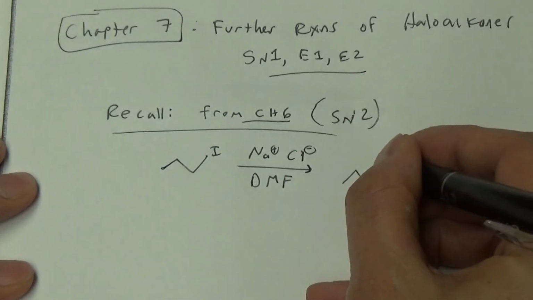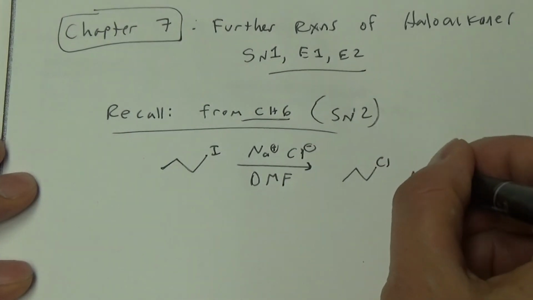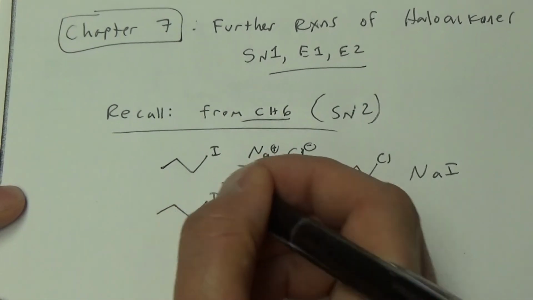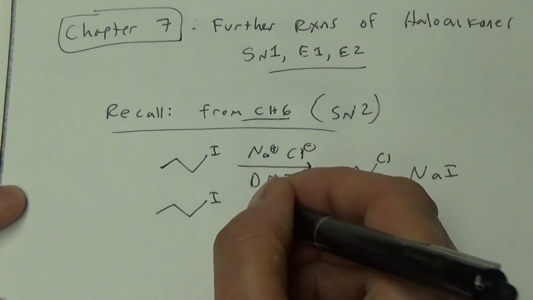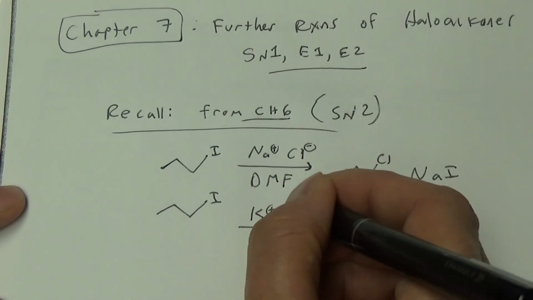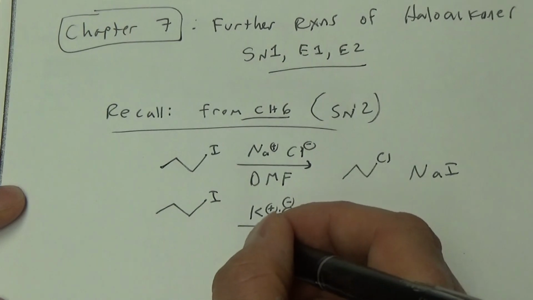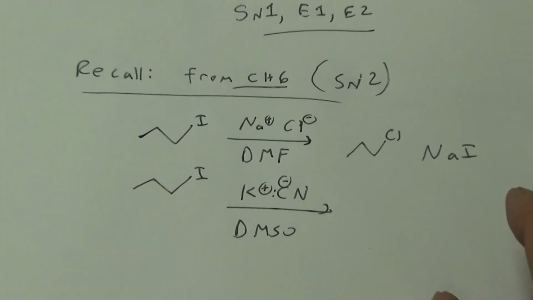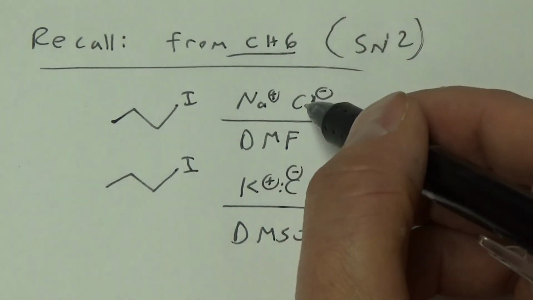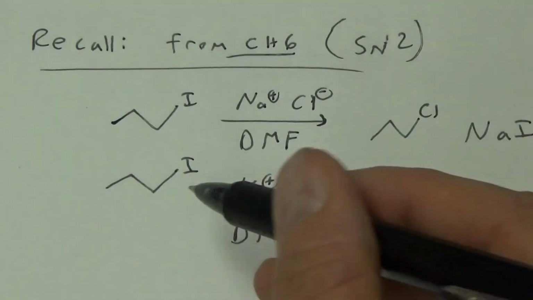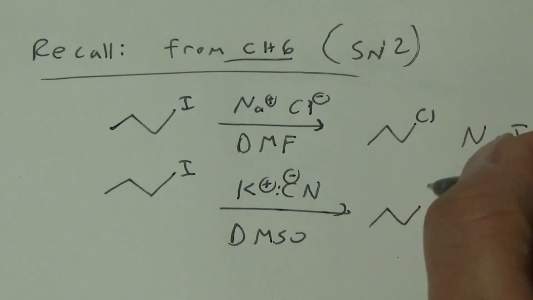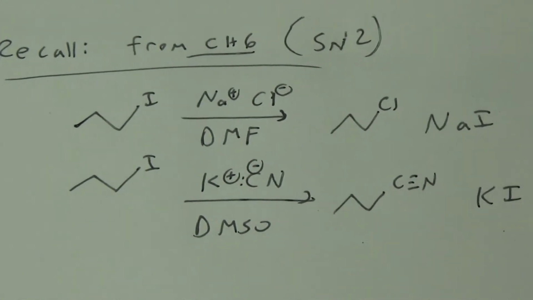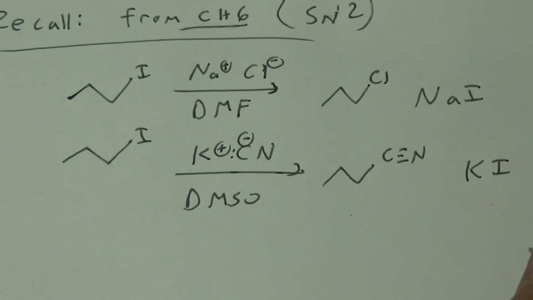NaI. K+, CN-, DMSO. What's the product of that reaction? It's just another SN2 reaction. Here the chloride kicked off the iodide. Here the CN kicks off the iodide and makes nitrile. Maybe KI byproduct. Alright, that's all easy stuff.